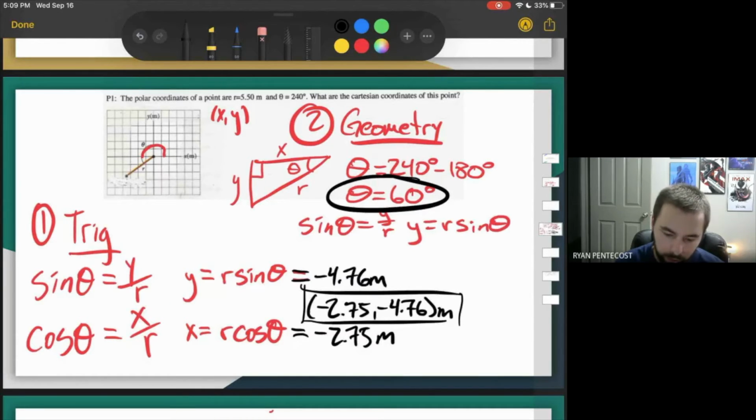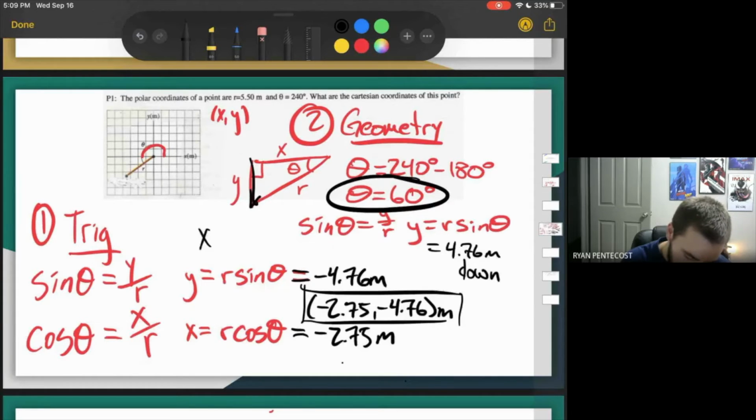If you do this trig, the y will actually equal 4.76 meters, but you can see on your drawing that is 4.76 meters down. And then if you do the x, that would give you 2.75 meters to the left.